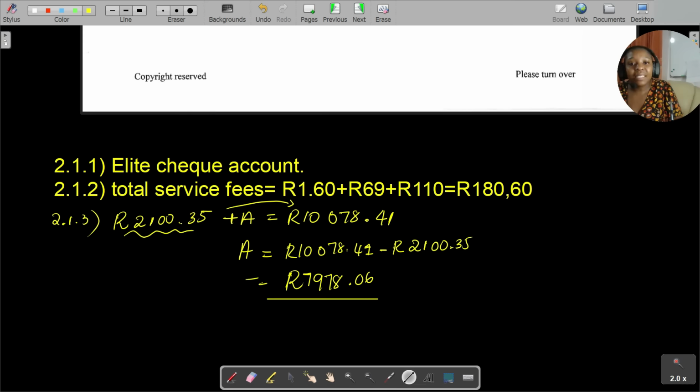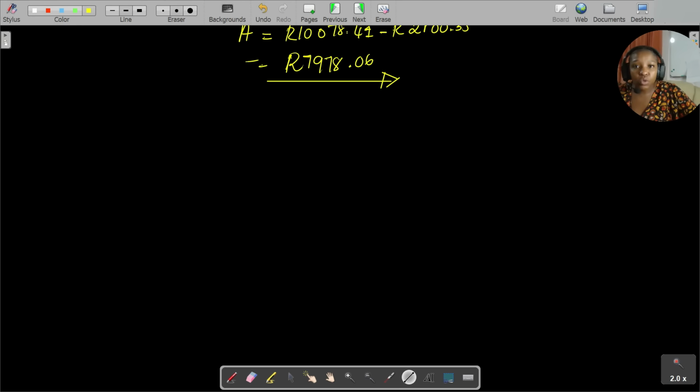The salary that reflects in your bank statement is your net salary, the salary after deductions. So this is David's net salary. Now we can go to the statement.